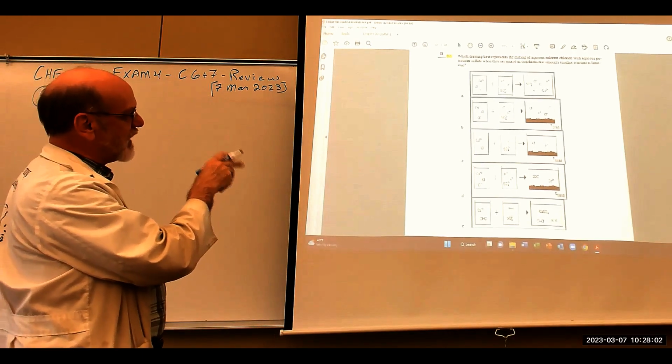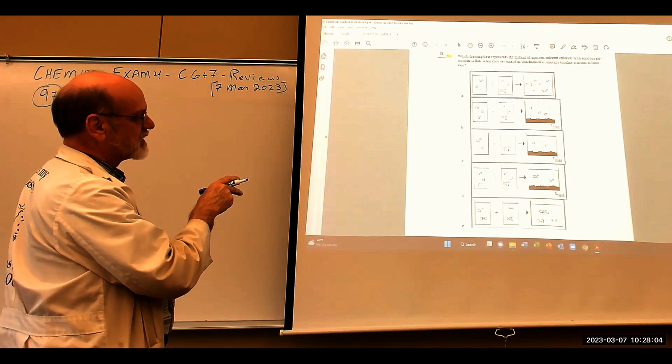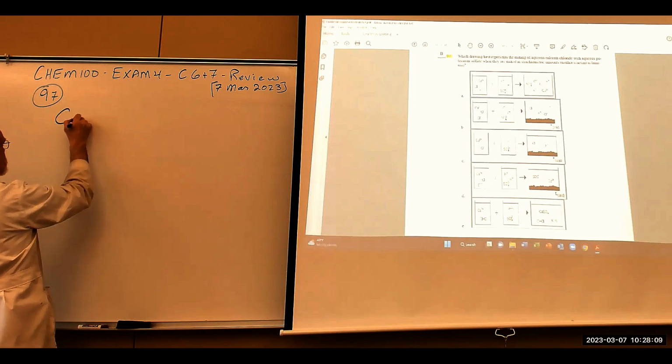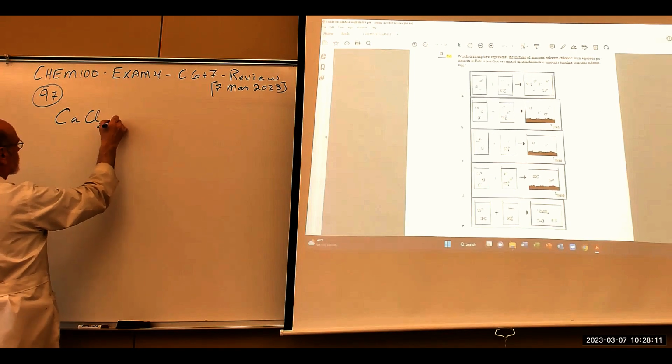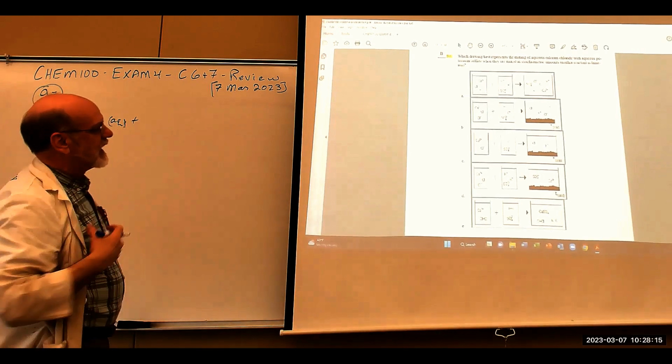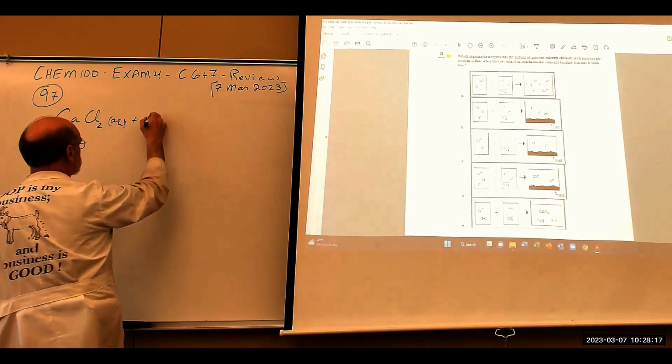Which drawing best represents the mixing of an aqueous calcium chloride with an aqueous potassium sulfate?